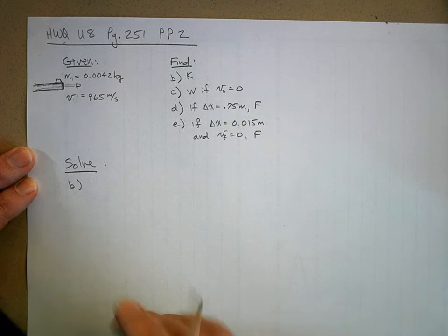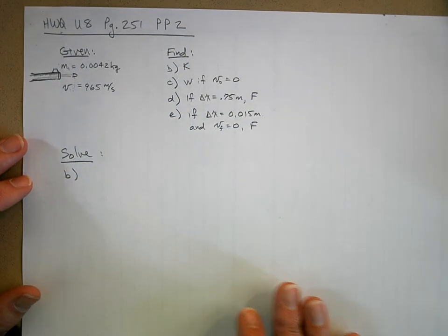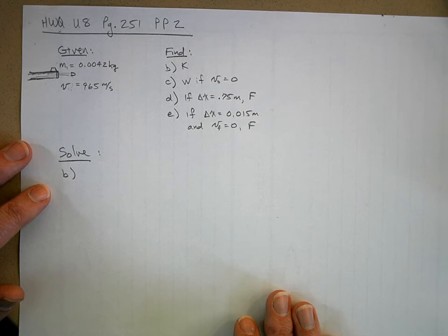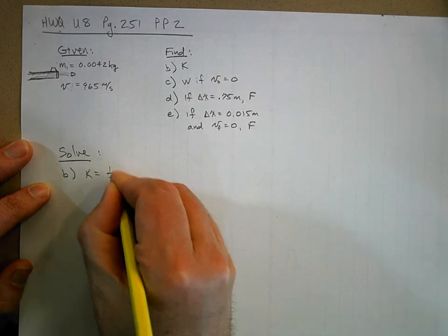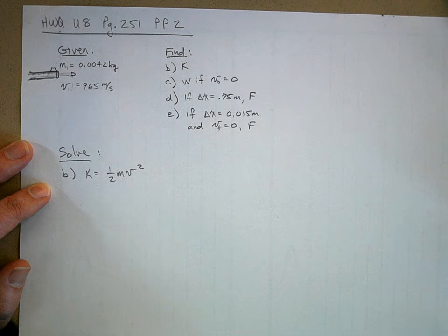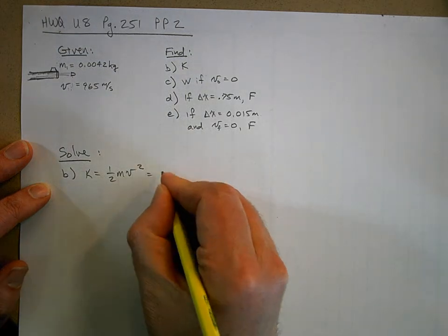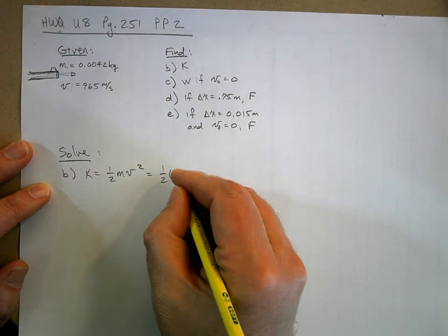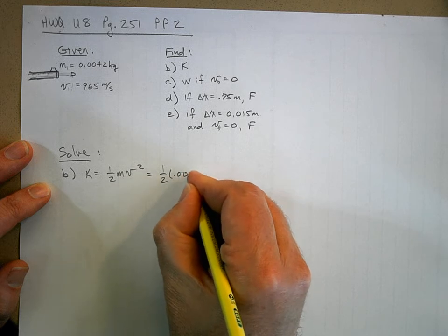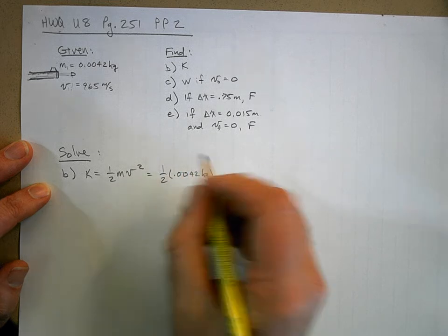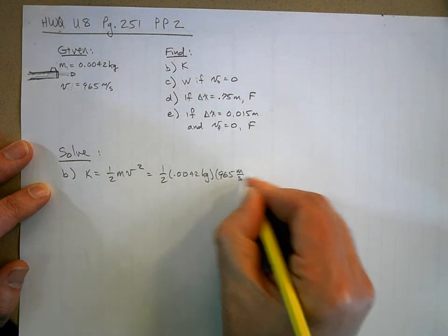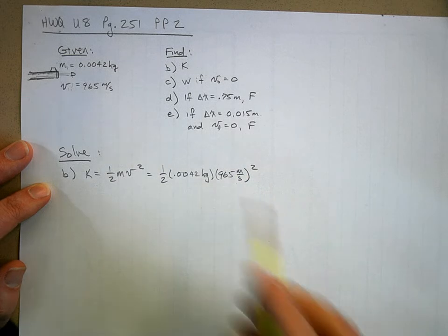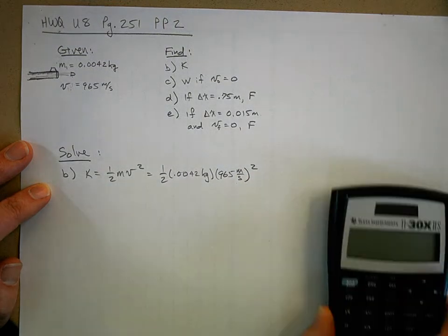Well, let's do part B first. I don't really like the bar chart thing, so I'm going to skip that. Kinetic energy is 1/2 the mass times the velocity squared. So this is how much energy is being carried by that bullet.